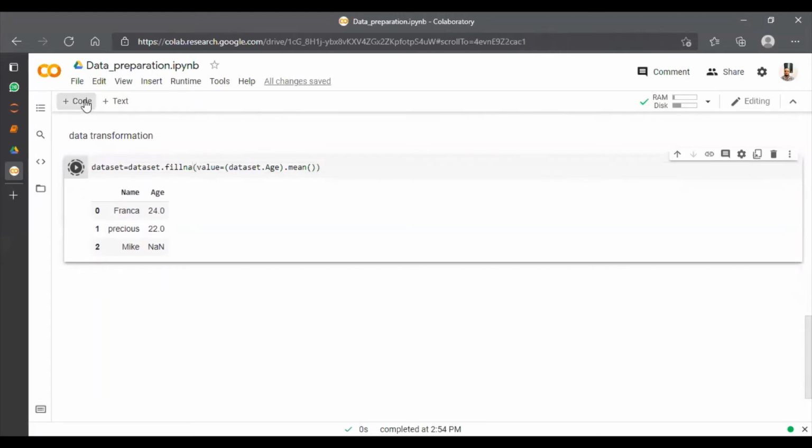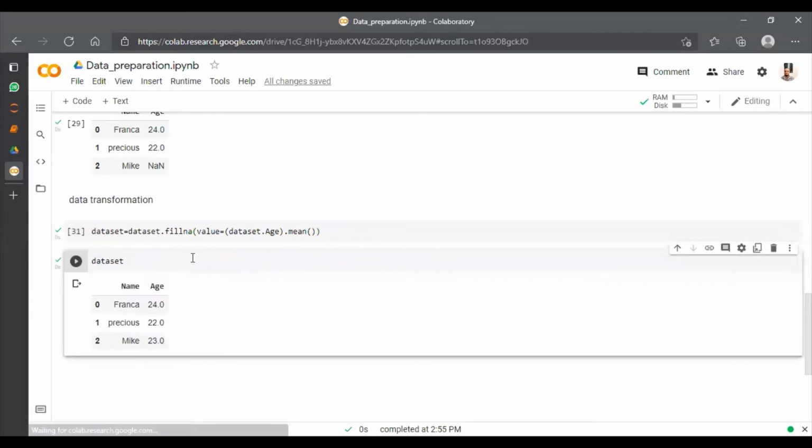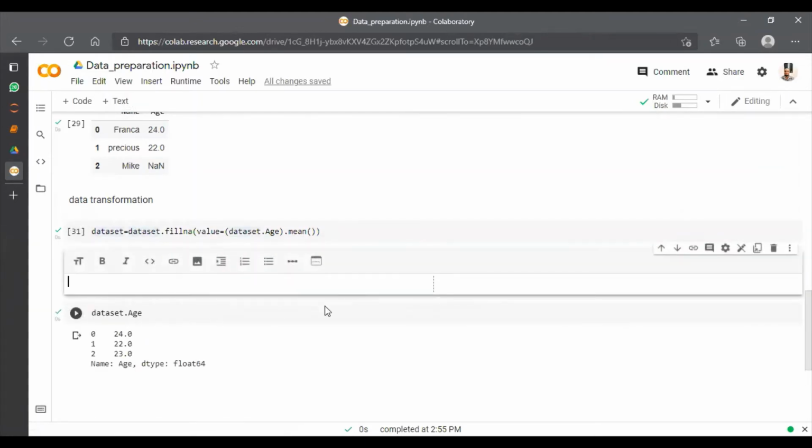So we won't worry that there is missing data in our data set. In this section, we just have to perform data transformation. Looking at data.age, these are the age values. The first data transformation method that will be done is the min max.